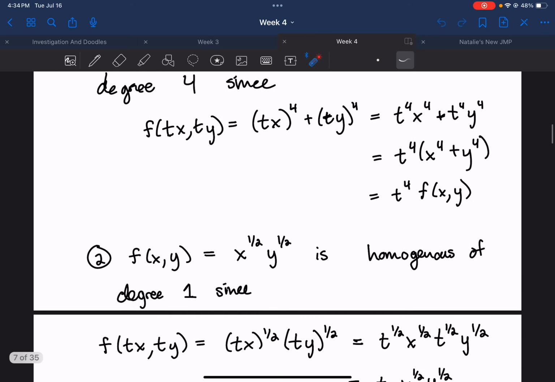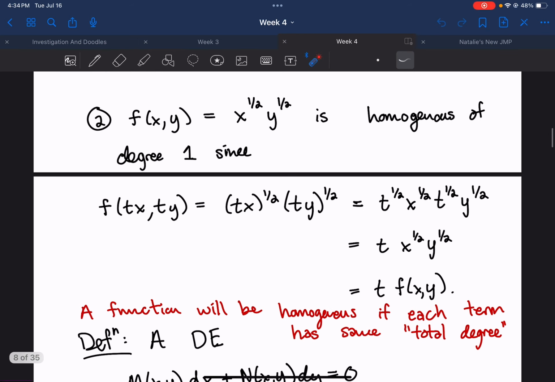Here's another one. f of x and y equals square root of x times square root of y is homogeneous of degree 1, since plugging in tx and ty, you get (tx) to the 1/2 times (ty) to the 1/2, which is t times x to the 1/2 times y to the 1/2, which is t times f. So this is homogeneous of degree 1. These are very special functions, by the way.